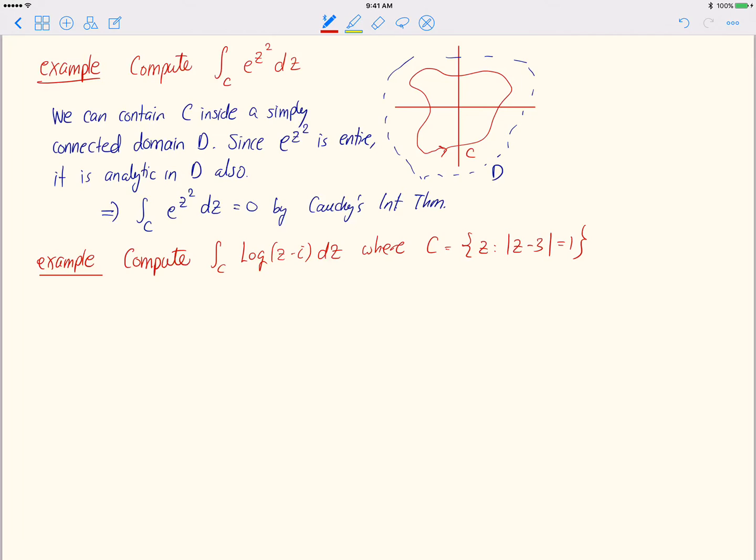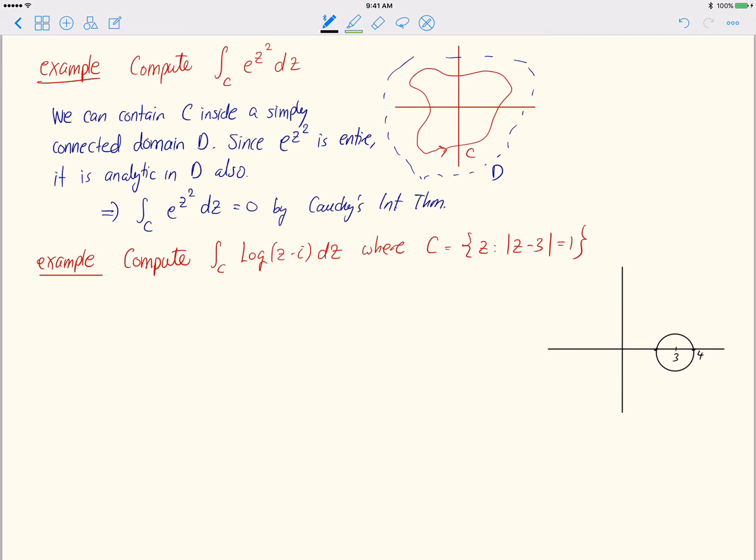So what does it look like? Looks like this. So you have a circle there. So let's say this is the point 3. So that'll be the point 4.